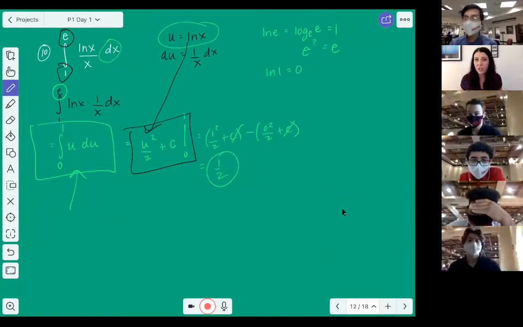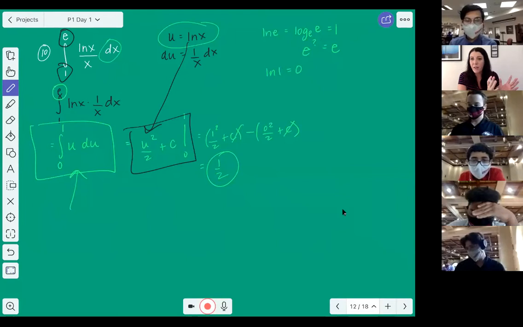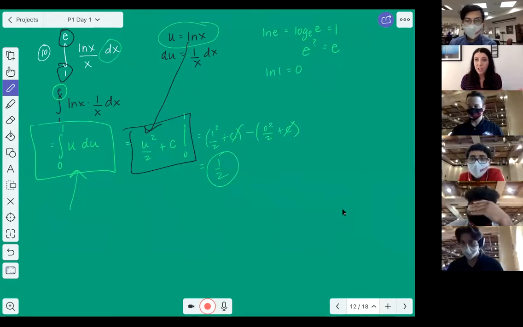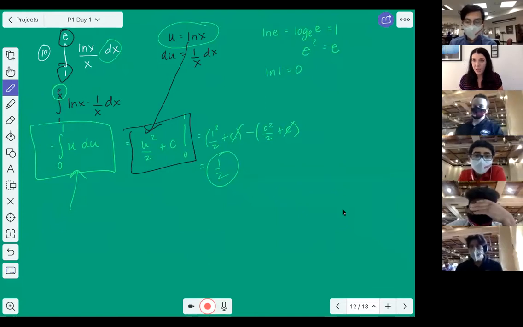It's just a lot of extra steps that we don't need to do. Because we changed our original integral with respect to x into something totally equal with respect to u, we can just use the simplified version since there's bounds. If there were no bounds, we know our final answer has to be a function, and that function should still be with respect to x, since our original function was with respect to x. Okay, does that answer that question? Awesome. All right, let's go on.